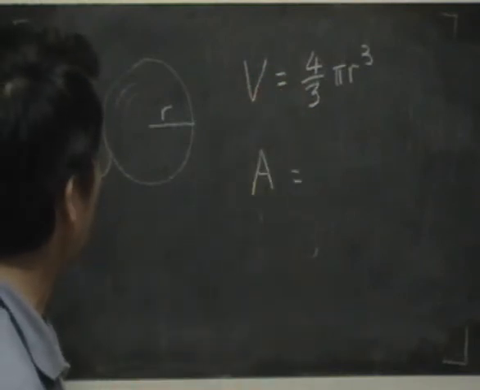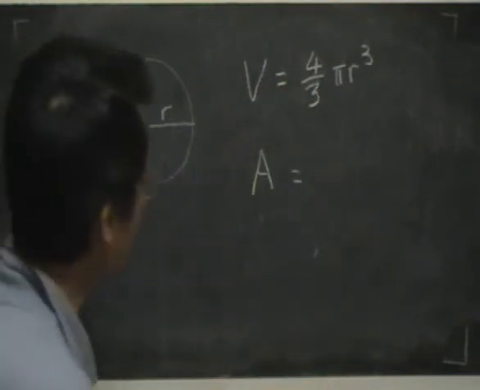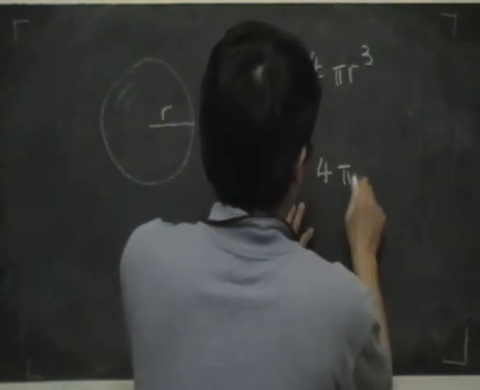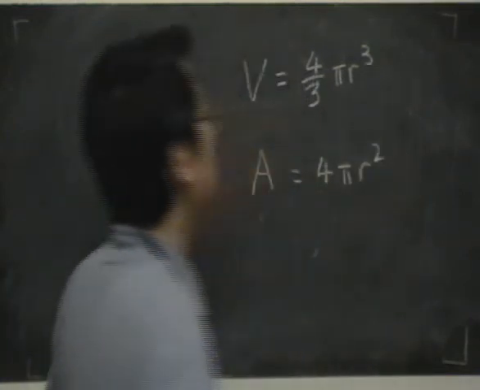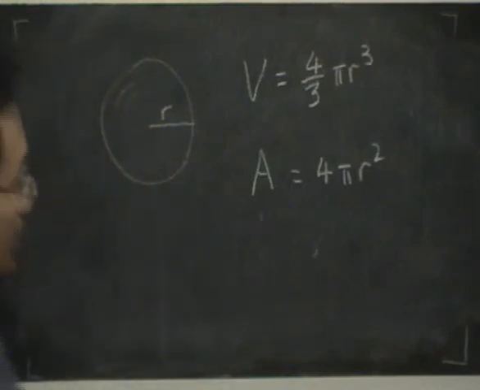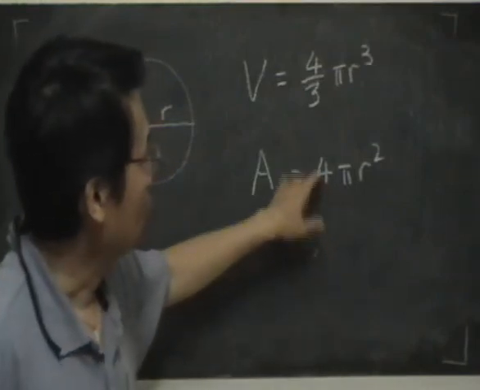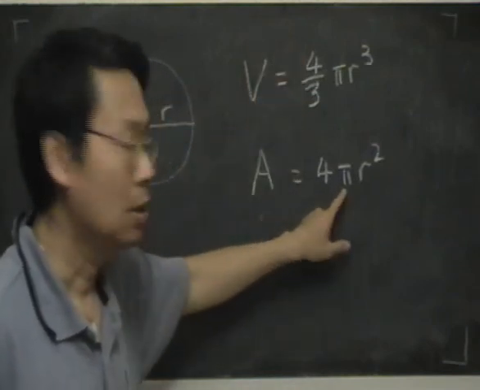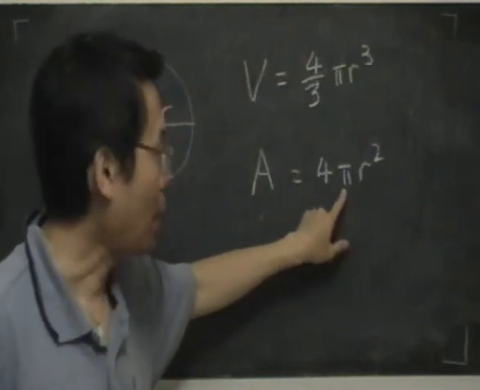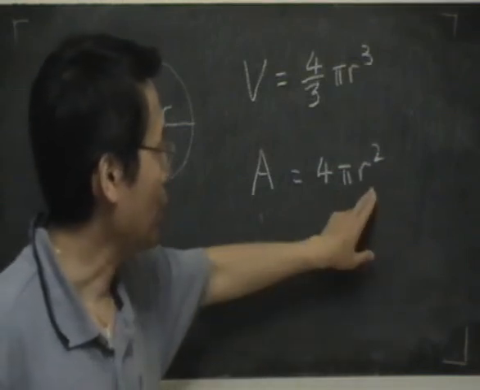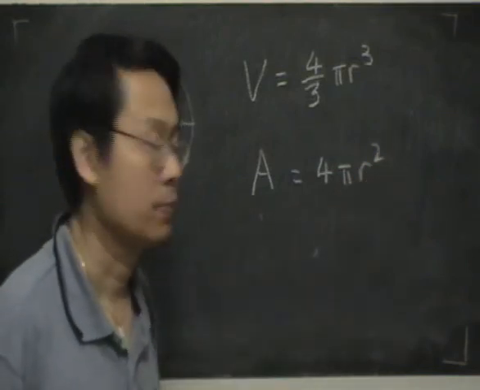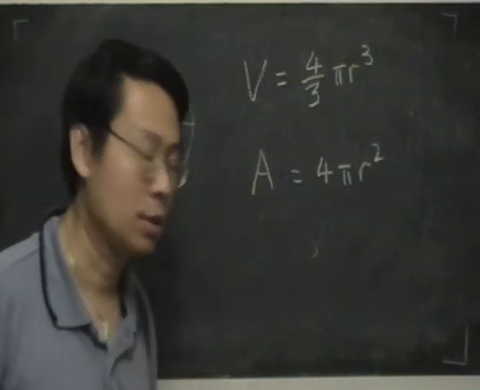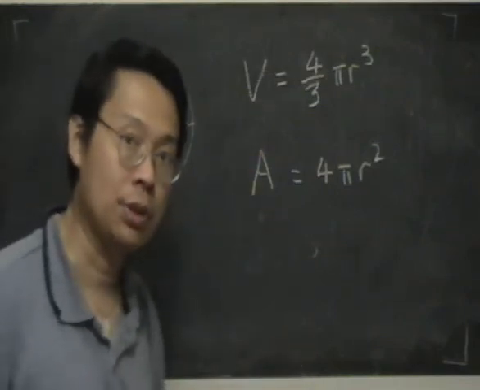Alright, the area of the curved surface around the sphere. And the formula is 4 pi r squared. Right? So instead of 4 over 3, we have a 4 there. We still have the pi. And we have r squared. Right. So that's the formula, 4 pi r squared, for the surface area of a sphere.